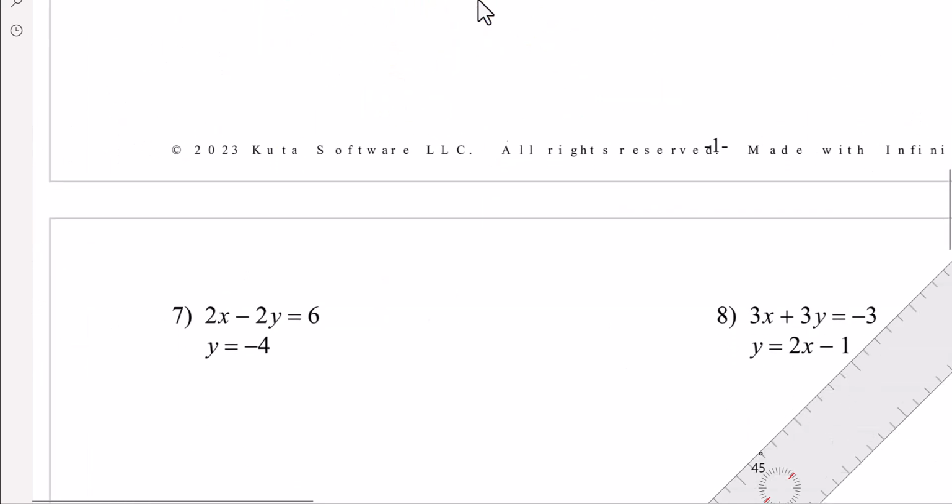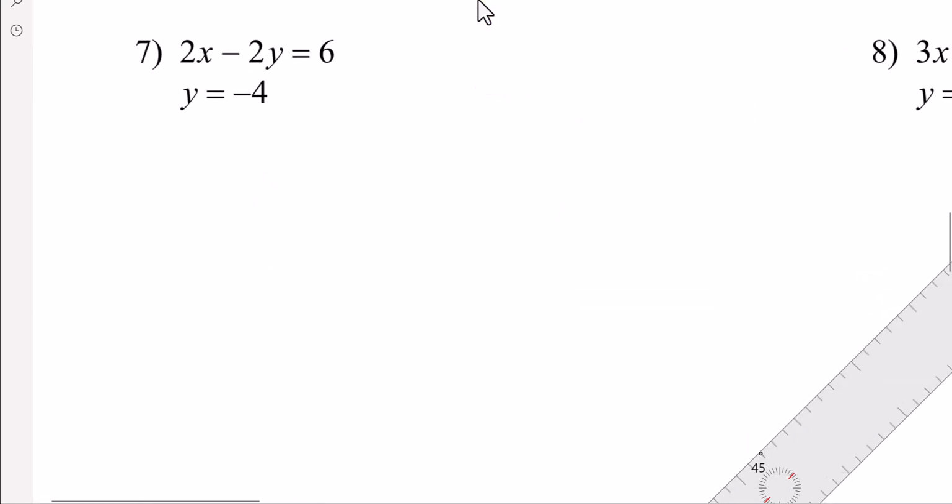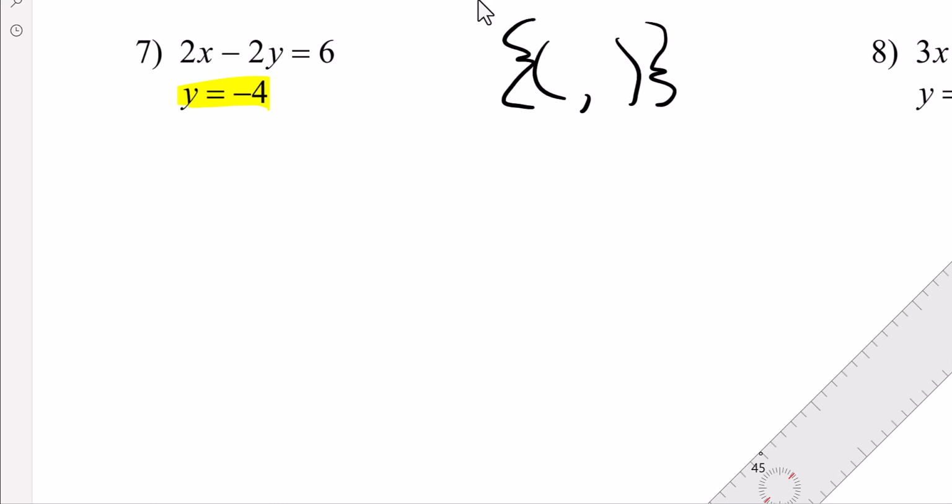All right. This is still substitution. Oh, this is even easier. We already know what y equals. So guess what? Right away in the solution set, just so you don't forget and later on try to find a y value, we already know the y value.